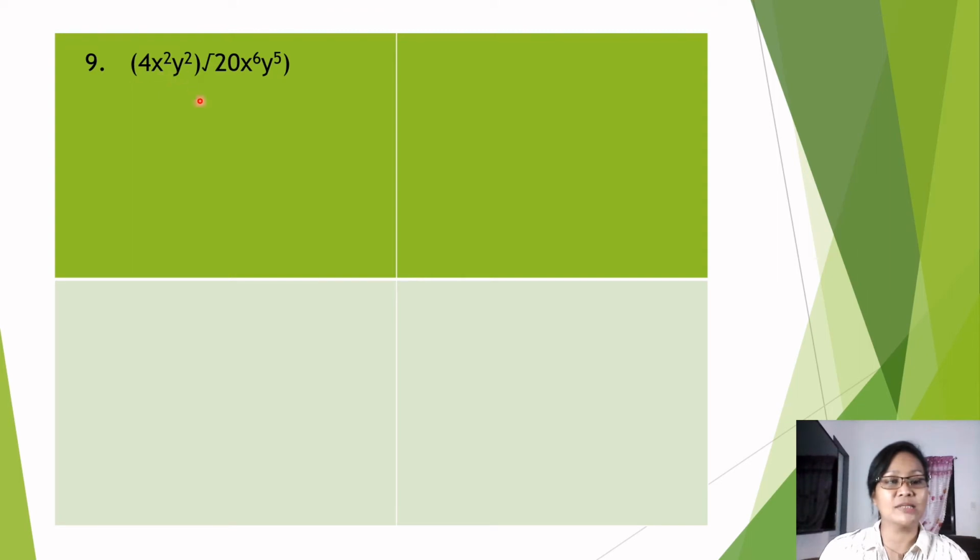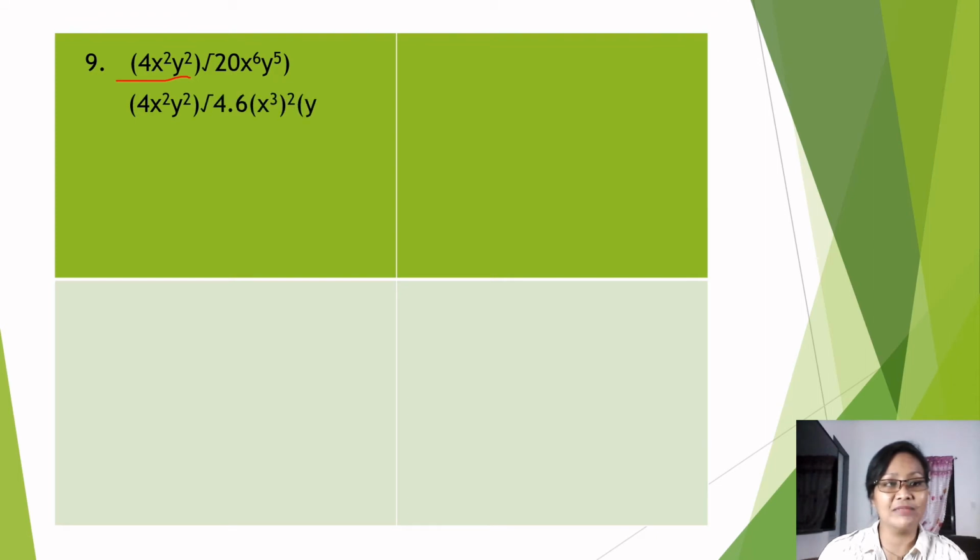4x squared y squared times square root of 20x to the 6th power y to the 5th power. First, of course, we need to copy the number outside the radical sign. So we have 4x squared y squared, and then factor out the radicand.